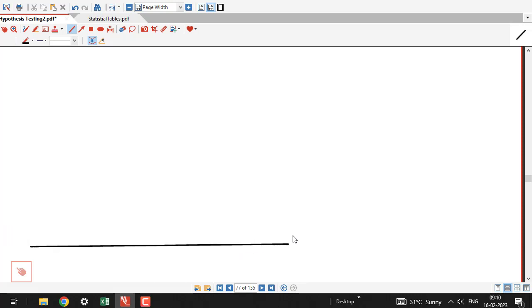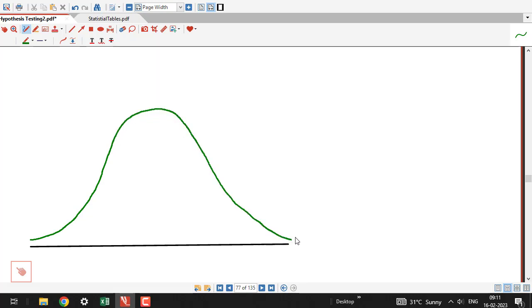So let me roughly sketch here graph of standard normal curve, density curve. It is a symmetric curve, bell shape symmetric curve, and our alternative hypothesis is that population proportion is different from 0.50. Therefore we have two-tailed test.